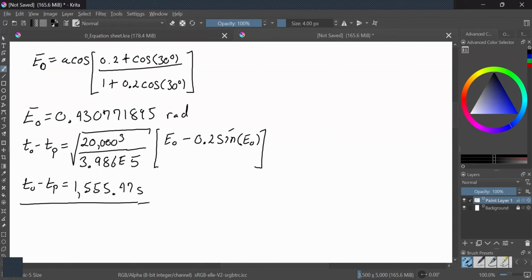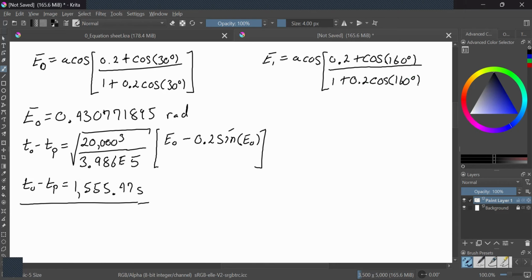And now I'm going to look for the eccentric anomaly angle of the final position. And remember that this is theta 2, not just delta theta, so 30 plus 130, 160 degrees over 1 plus our eccentricity times the cosine of 160 degrees.